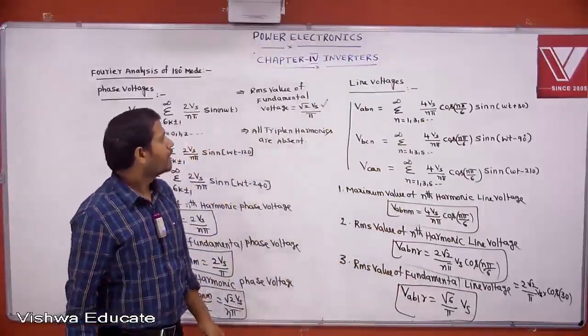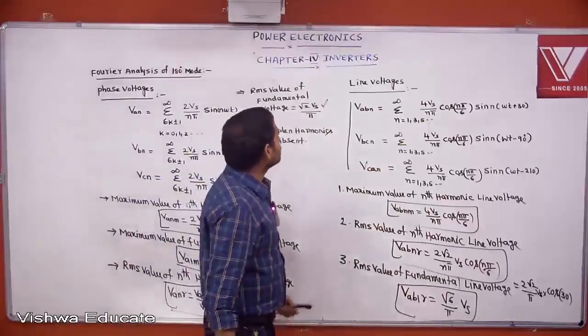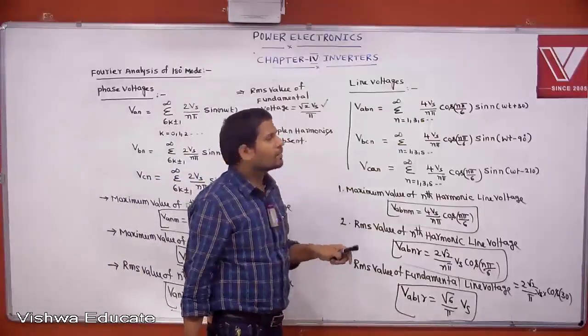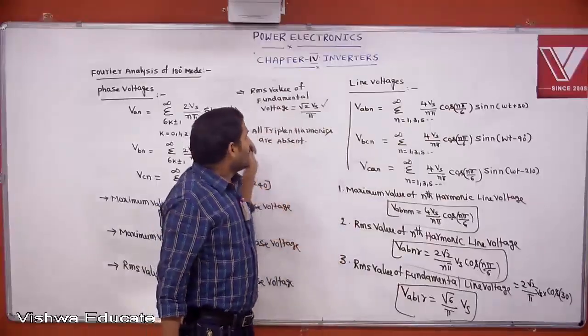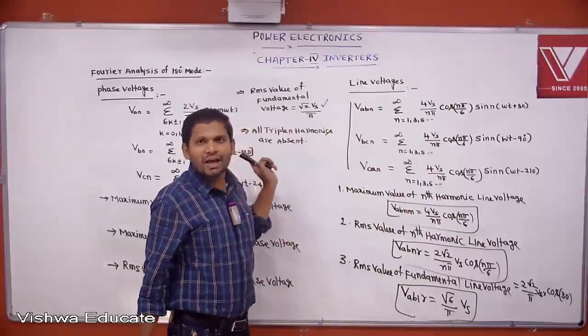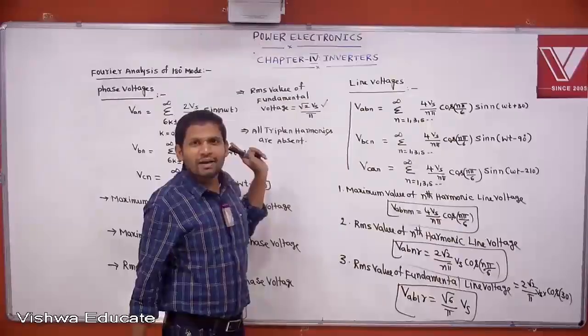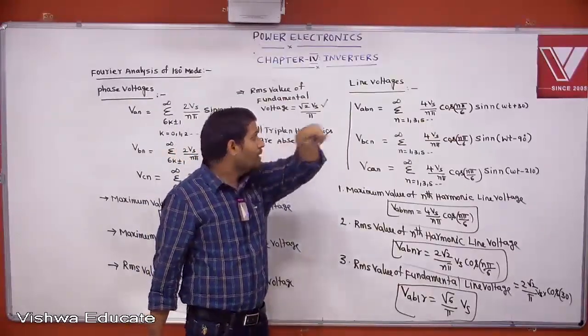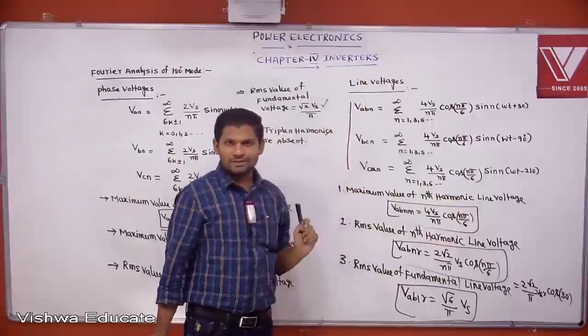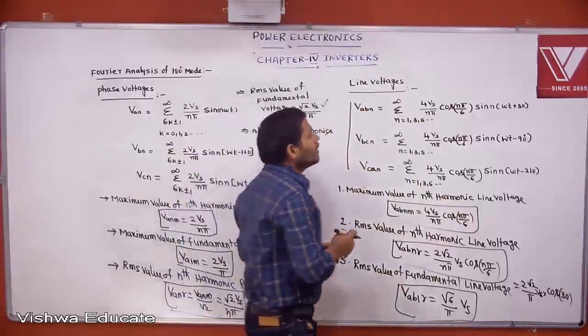Understood? Okay. But one observation here: in 180-degree mode, in phase voltages, triplen harmonics are absent. That you see in 6k plus or minus 1. Then what about line voltages? See, what is the term?